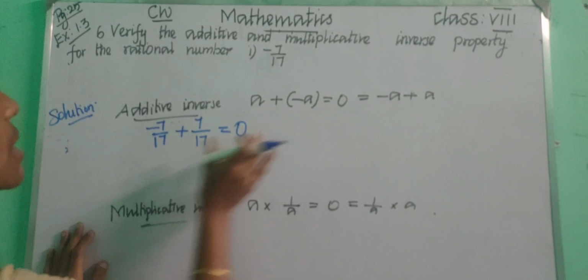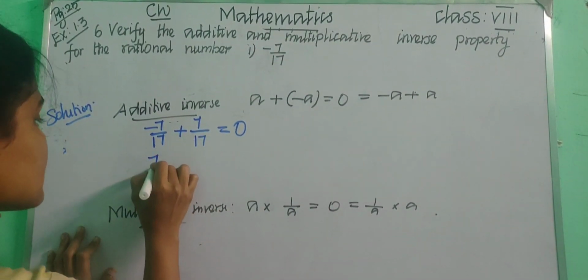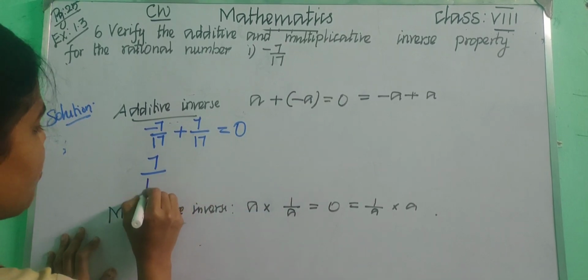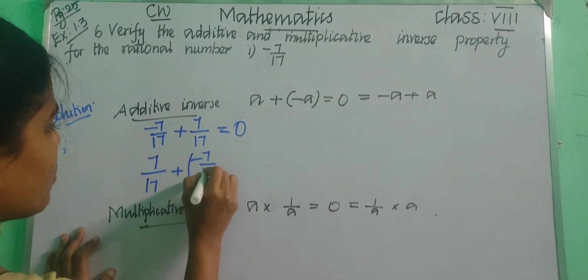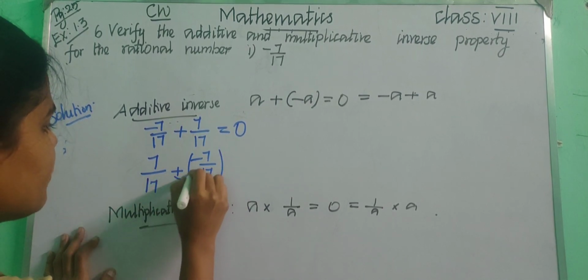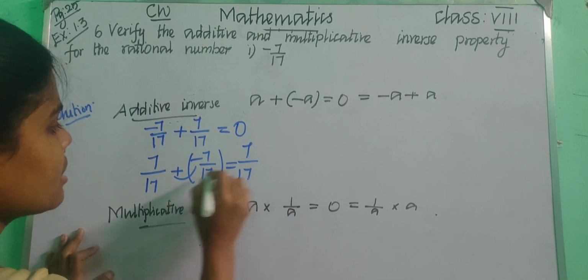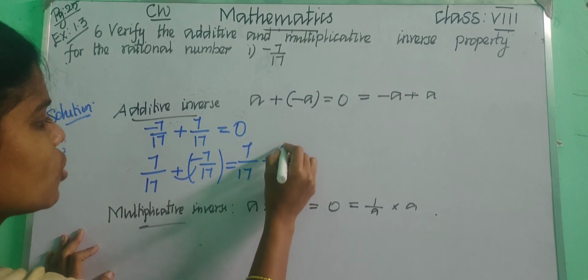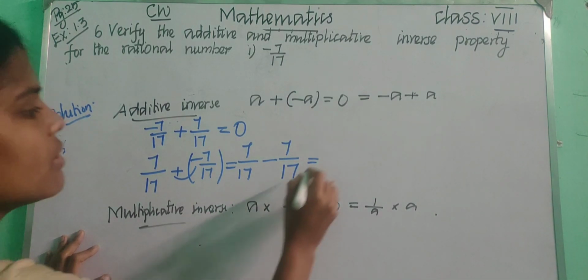Okay children, so let us prove this side. So what is minus A? Minus A means 7 upon 17, that is inverse, right? 7 upon 17 plus minus 7 upon 17. So what will you get here? We are having two signs. So 7 upon 17 plus into minus, minus. So 7 upon 17 minus 7 upon 17. So what will you get? You will get 0.